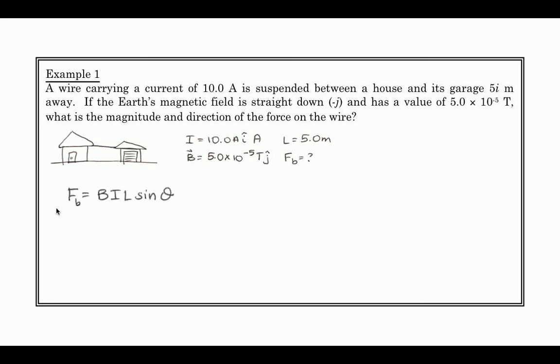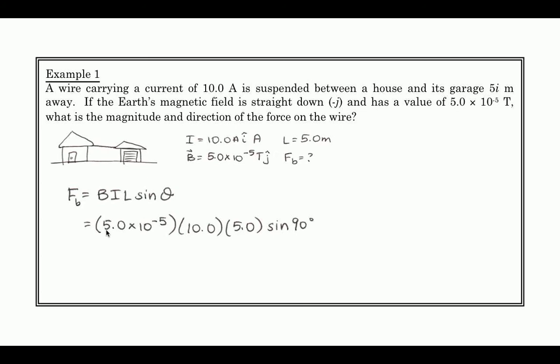So we can find the magnitude of this magnetic force by using this formula. Because the current, which is i-hat, and the magnetic field, which is downwards and negative j-hat, are basically 90 degrees apart, perfectly perpendicular, we can simply plug everything in.